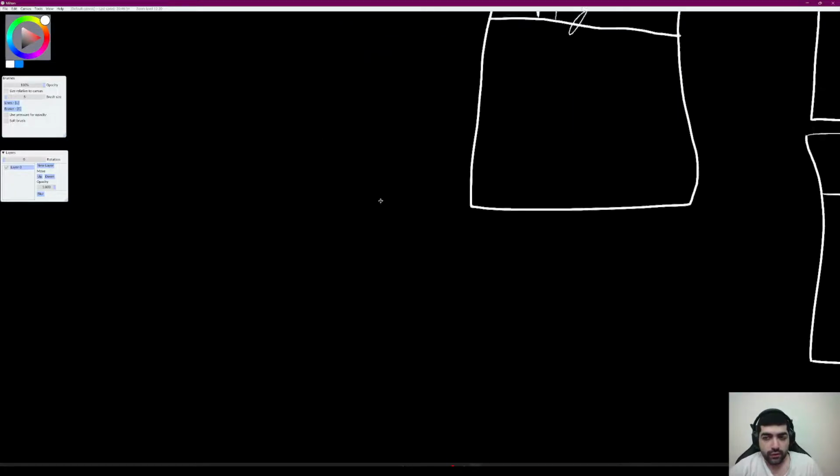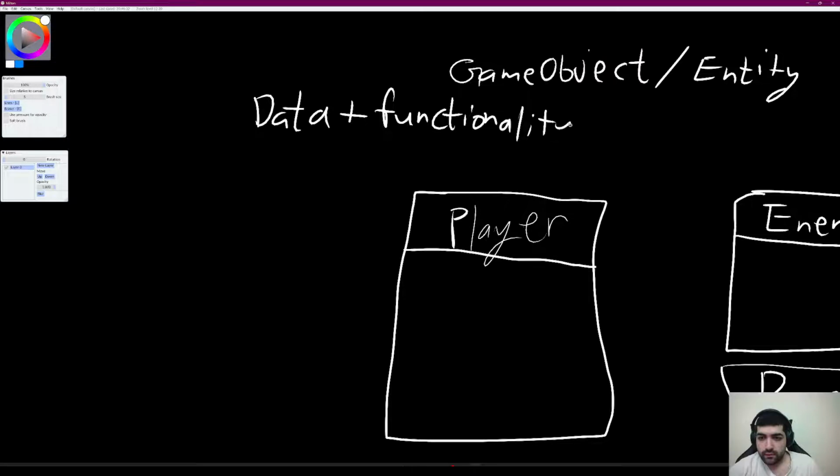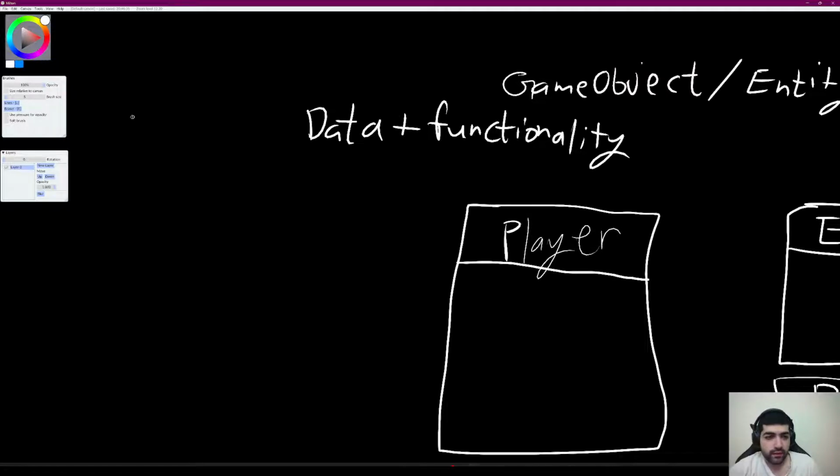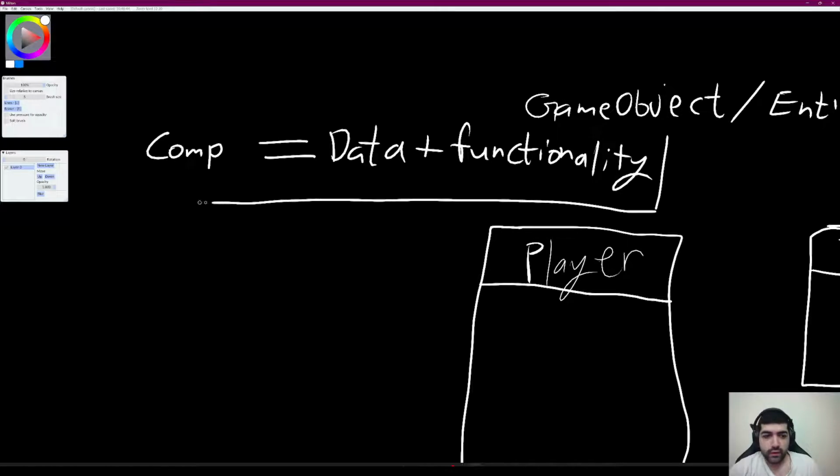So, data, and I'm going to talk about what this means, data and functionality come together. Both of these things are called the components. So components equal data plus functionality. And this is the core idea.